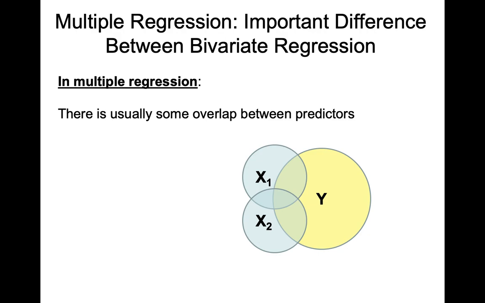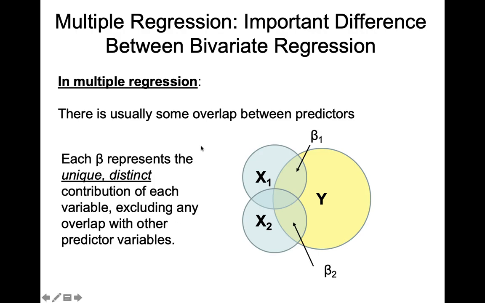Either way, there's usually some overlap between the predictors. And in that case, each beta, each standardized regression coefficient, represents the unique and distinct contribution of each variable, excluding the overlap with the other variable. So there's some overlap between study hours and sleep that is jointly responsible for predicting exam score.